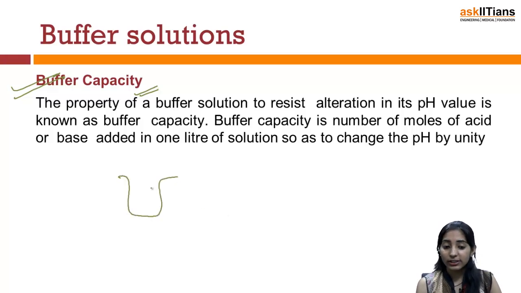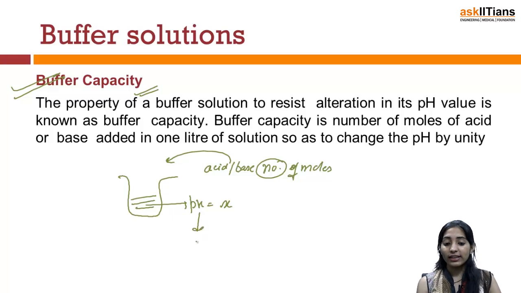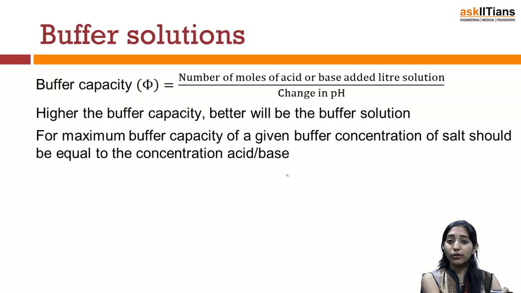That means if you have a solution at, suppose, pH equal to x, and you add acid or base, the number of moles needed to change the pH by unity, either to x plus 1 or x minus 1, is known as buffer capacity.